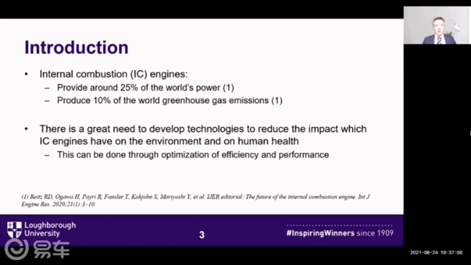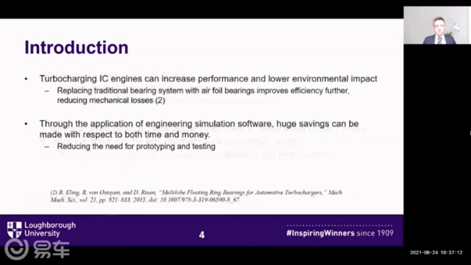This has been highlighted many times in the news over the years, more recently in the UN report generated through the Intergovernmental Panel on Climate Change. This can be achieved through the optimization of efficiency and performance of the internal combustion engine and powertrain solutions. Turbocharging is one method through which emissions can be lowered while also increasing power output and performance of an internal combustion engine.